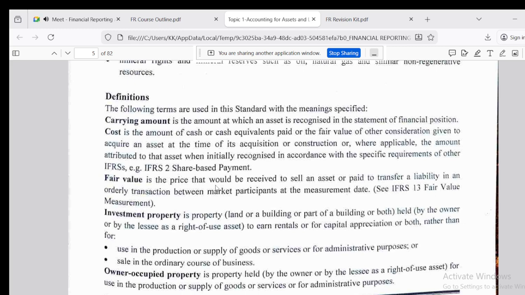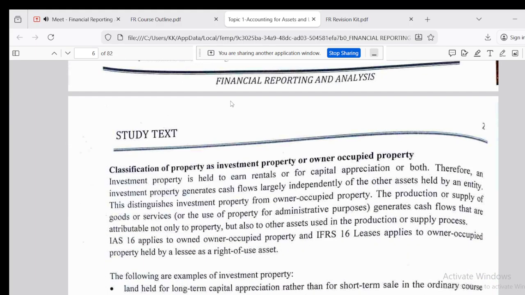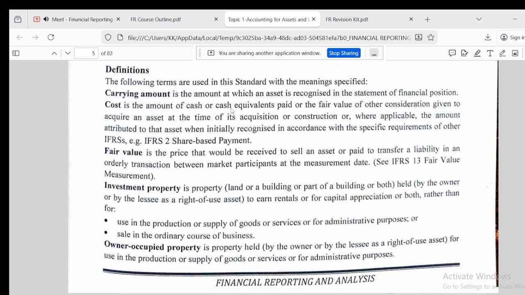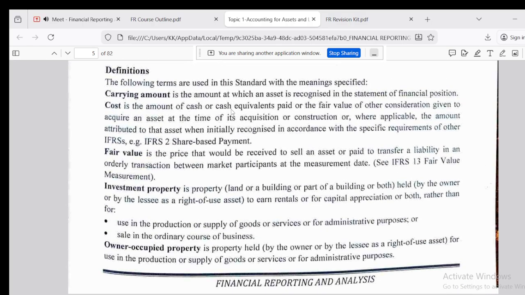Then another thing after writing that is owner occupied property. That is definition number 5.